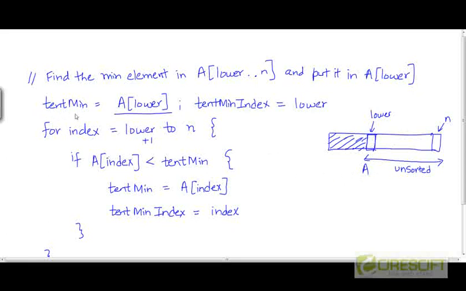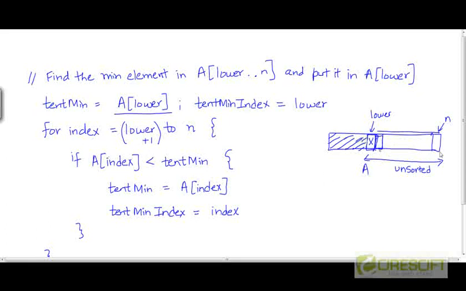Let's assume that our tentative minimum value to start with is simply the value of the element here, which is A of lower. And the index of the tentative minimum is simply lower itself. What we're going to then do is scan this portion of the unsorted sequence, which spans indices lower plus 1 to n. It starts from lower plus 1 and goes all the way up to index n.